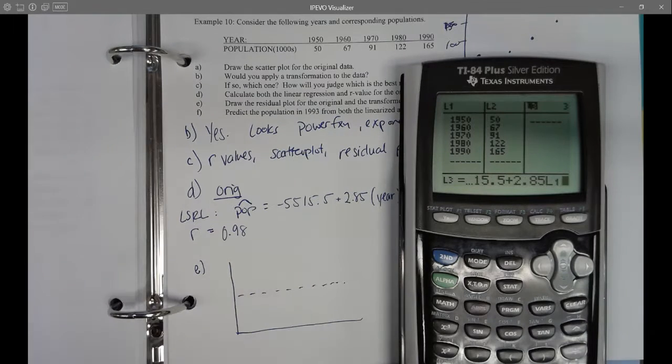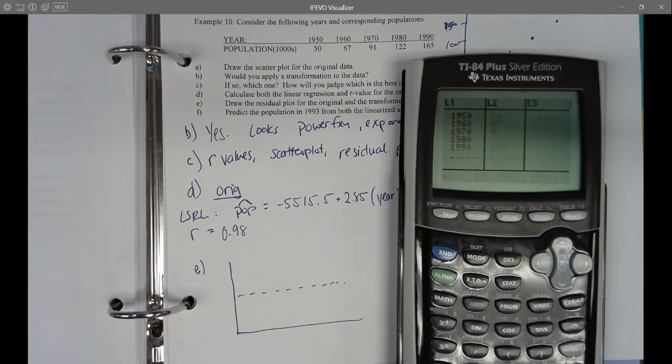So I'm going to put list 1 in there, and it will calculate out for all of the corresponding values in list 1 what we would predict this to be. Now remember that your residual is your actual minus your predicted. So I'm going to throw my residuals over here into list 4, and that would be the actual minus the predicted, which is list 2 minus list 3. The actual values minus what my equation has predicted them to be. So over there in list 4, those are my residuals.